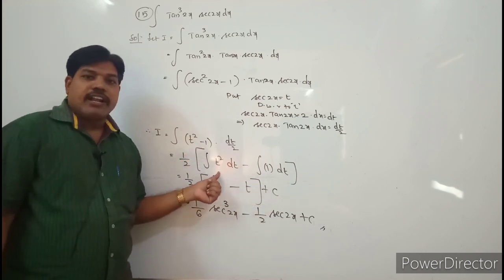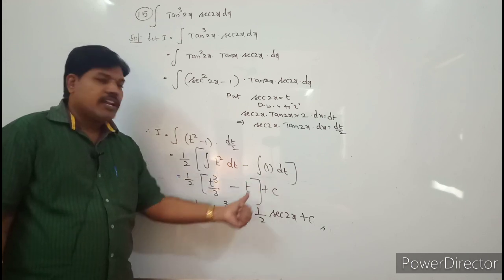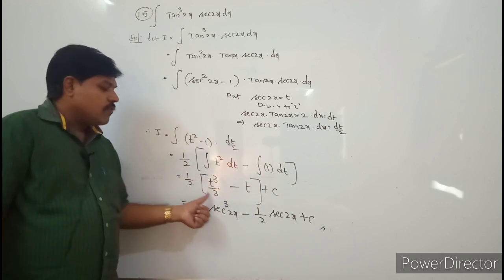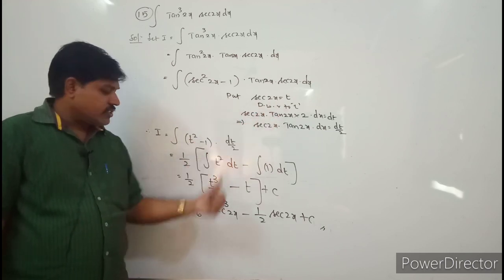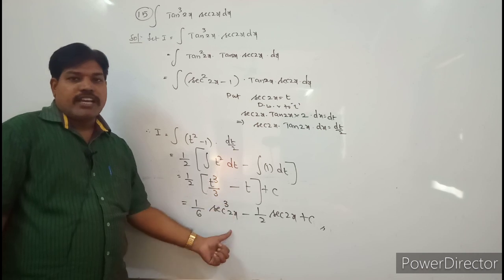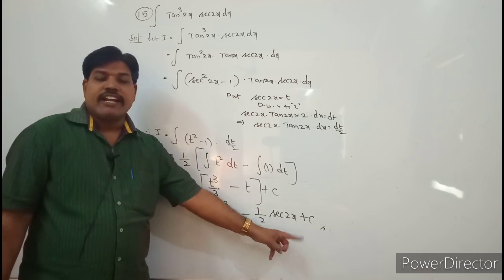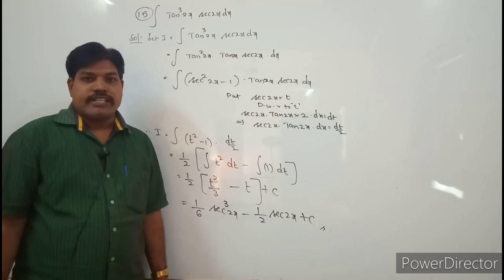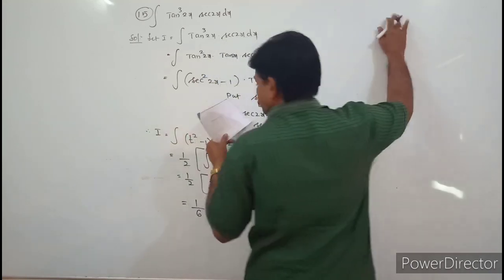Integral of t square is t cube by 3 minus integral of 1 is t. So multiply with 1 by 2, it will become 1 by 6 t cube; t value is secant 2x, so it will become secant cube 2x minus 1 by 2 into t. T is nothing but secant 2x, plus c. Do you understand, students?